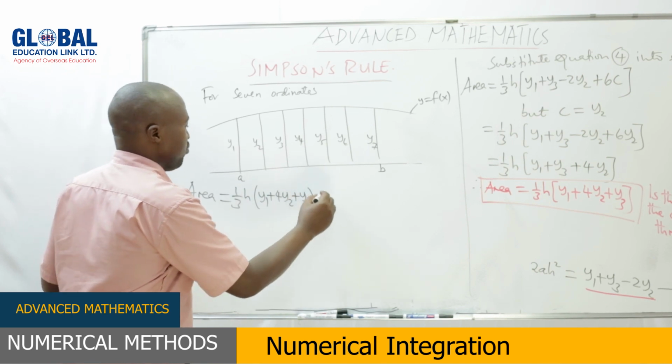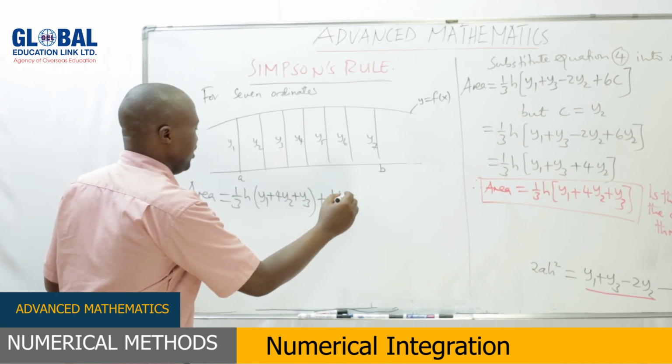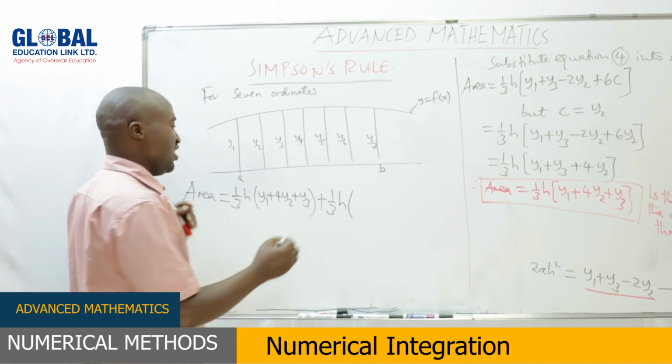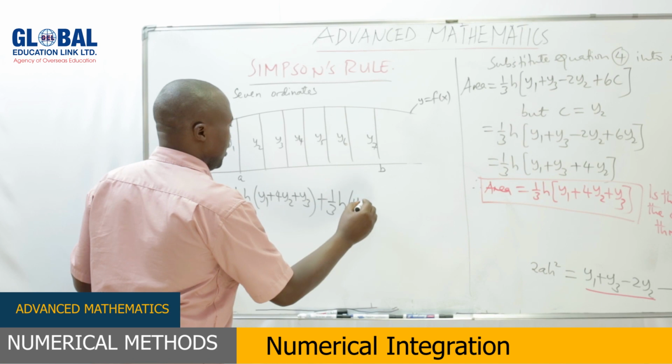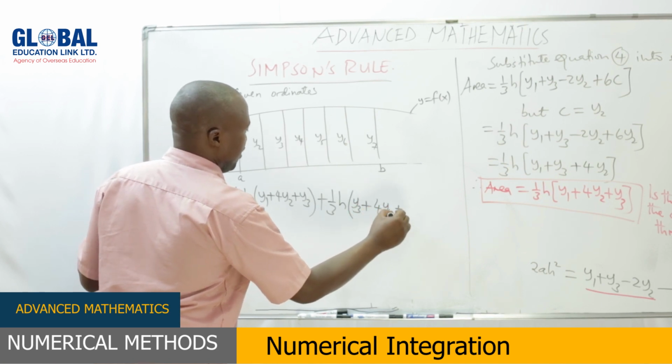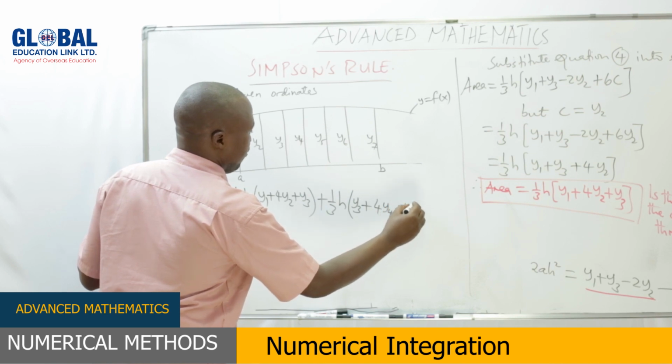Then again, proceed with 1 over 3h bracket of, now our starting point is y3, y3 plus 4y4 plus y5.